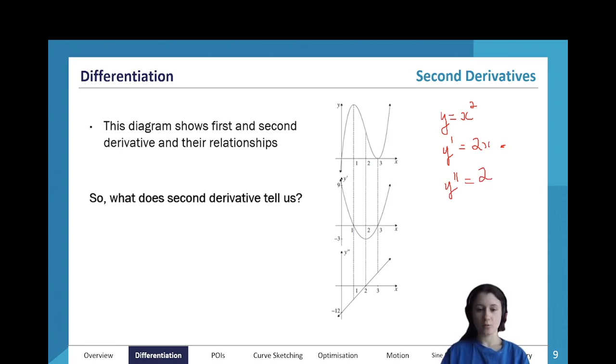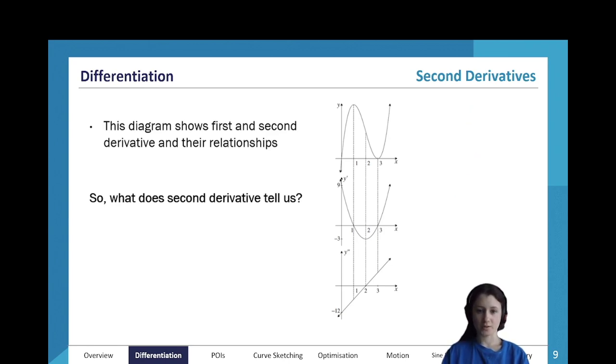So in that way, it tells us information about the original curve, but since it is the derivative of this curve, it also tells us the gradient of this function. So it's a very complex and interesting relationship, alright?